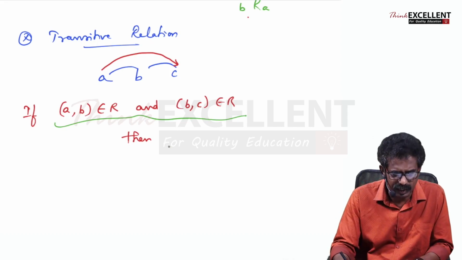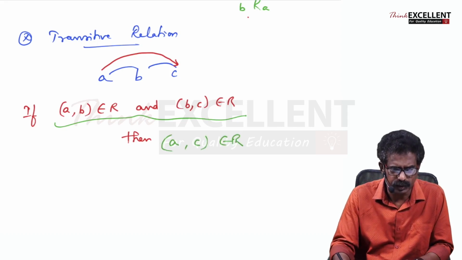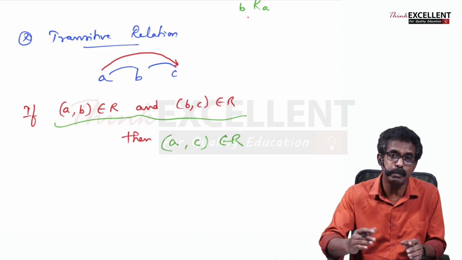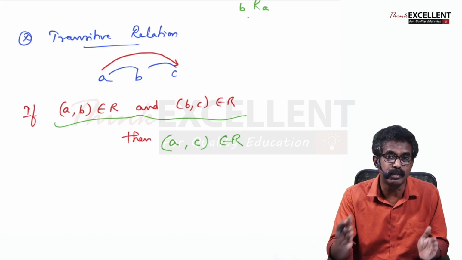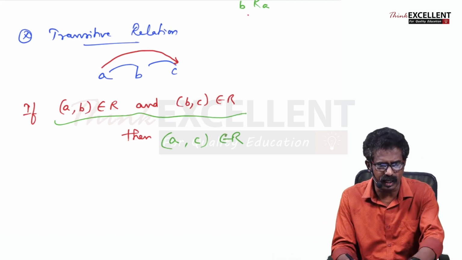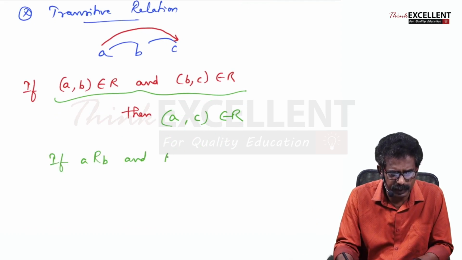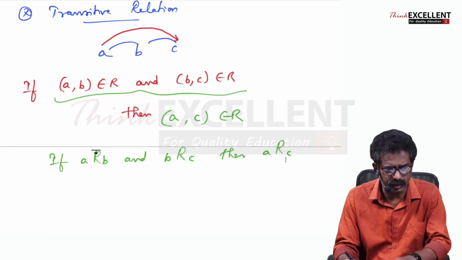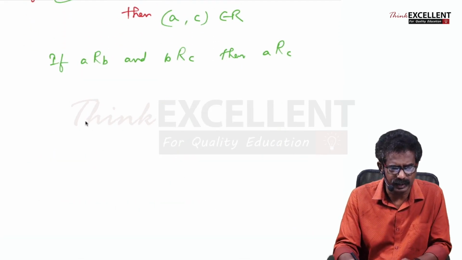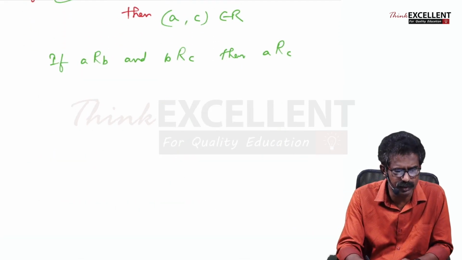Then A must be related to C. If A is related to B and B is related to C, then A must be related to C. So this relation we call transitive relation.